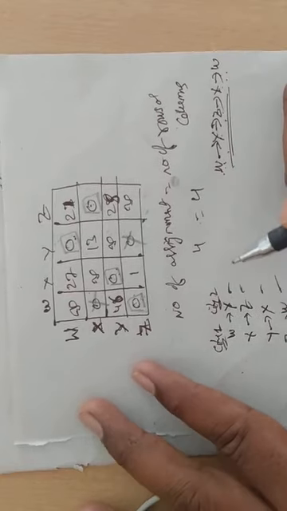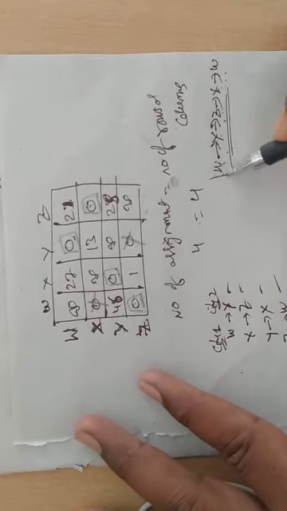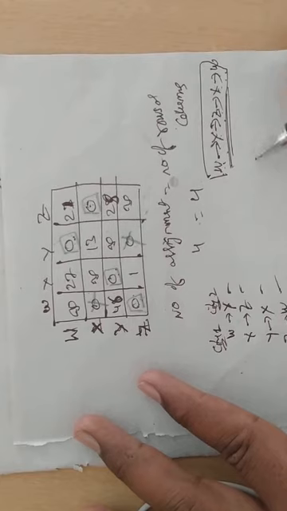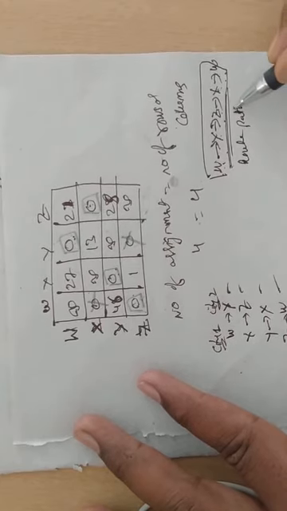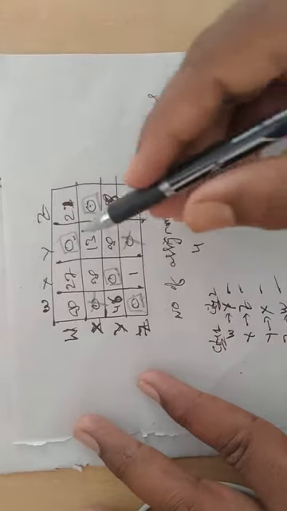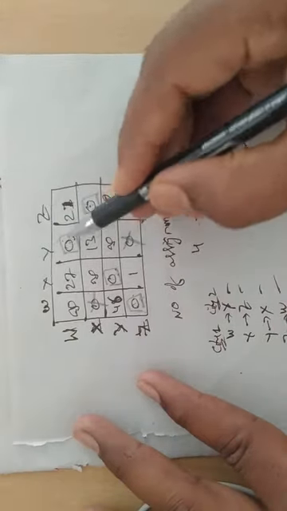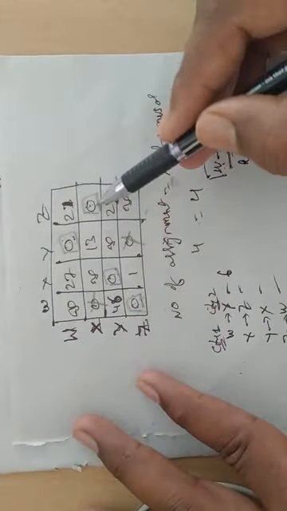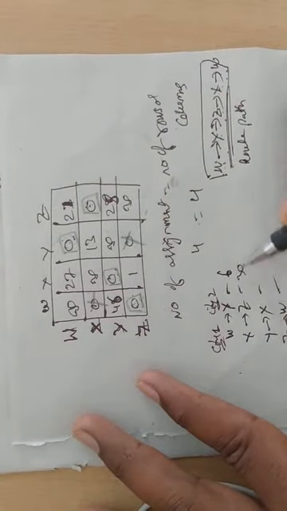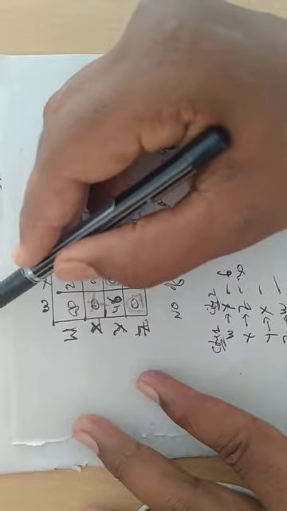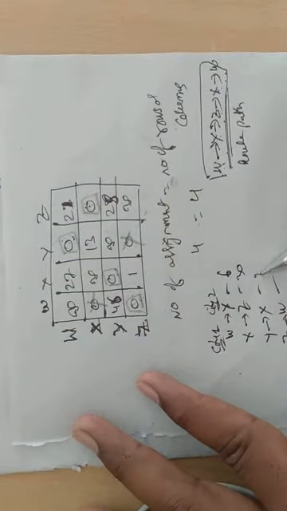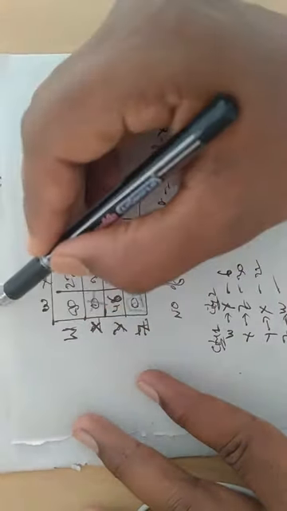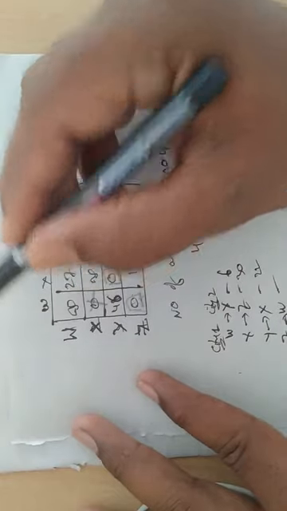Now we have to calculate this. This is the route path. The first one is 6, the second one 30, the third one 22, the fourth one 30.